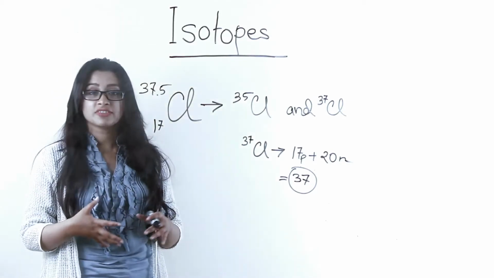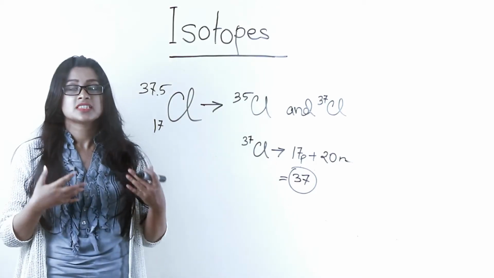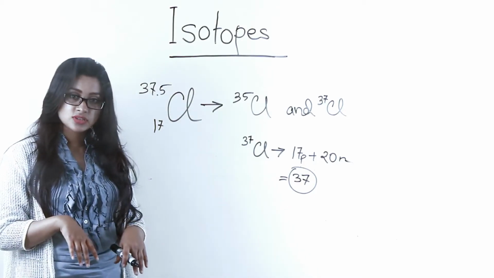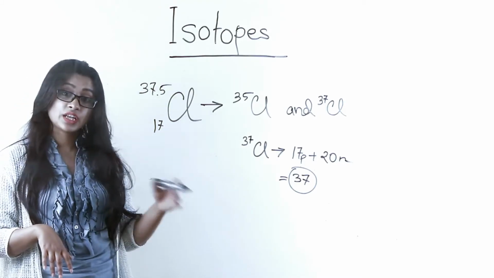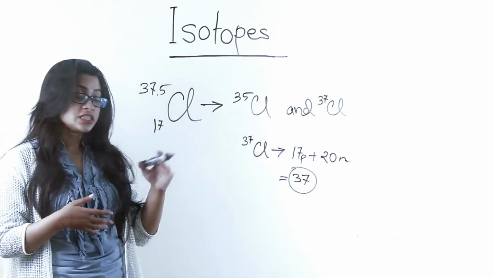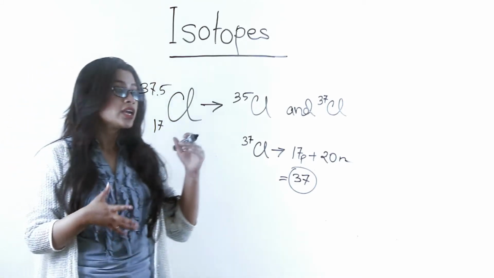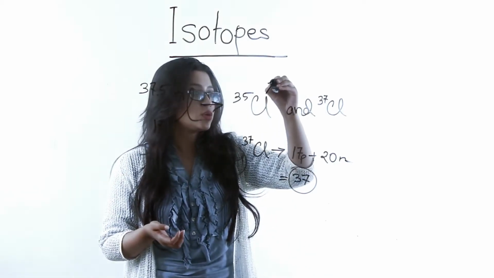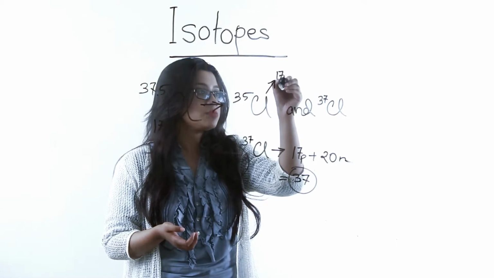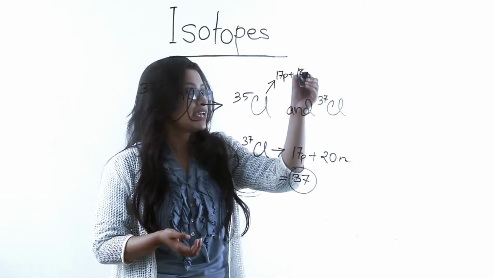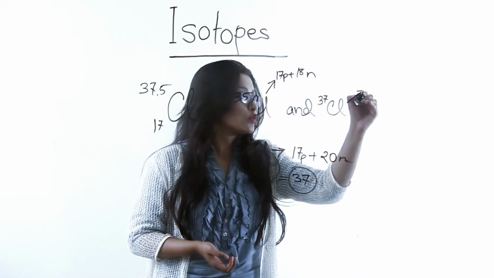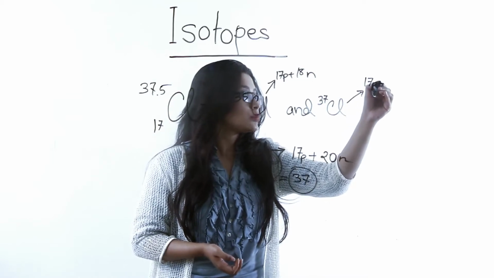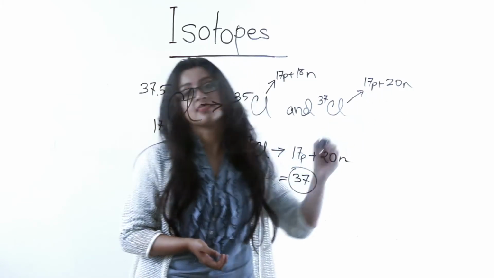So in 35, you have 17 protons, 18 neutrons, and in 37, you have 17 protons and 20 neutrons. For your ease of understanding, I will denote the things right here. 17p plus 18n. And in here, we have 17p plus 20n.